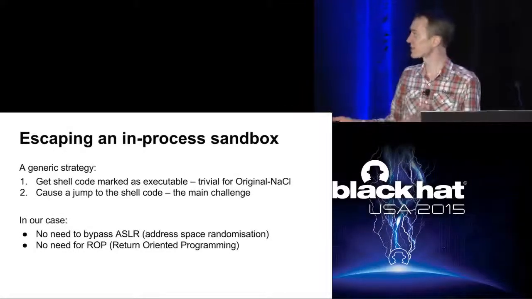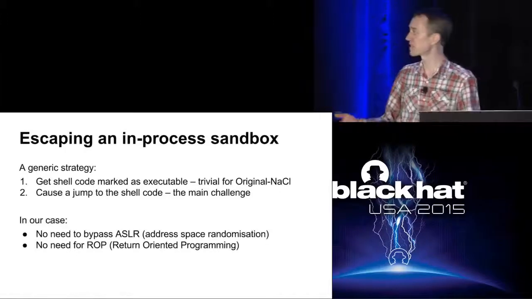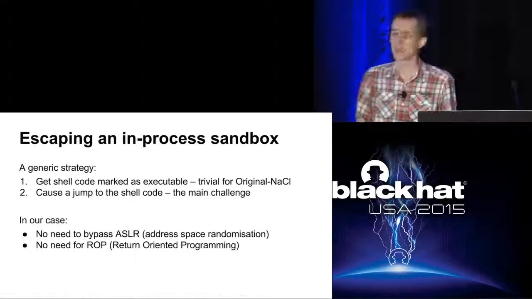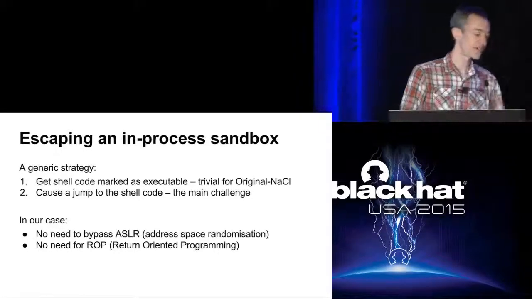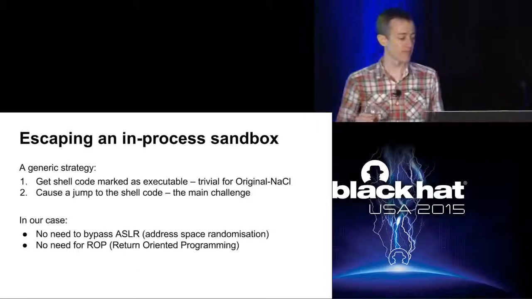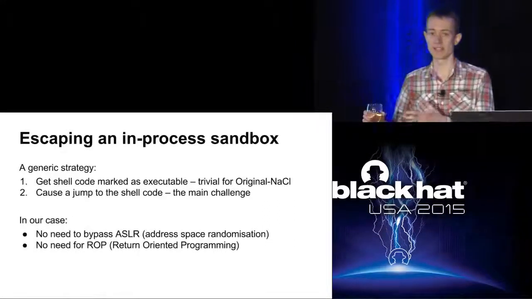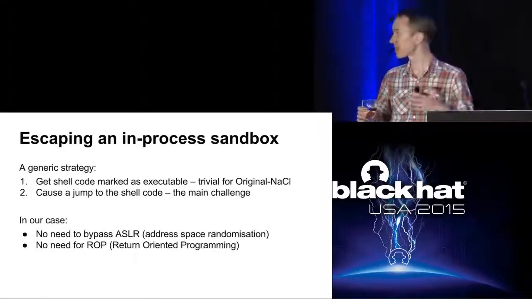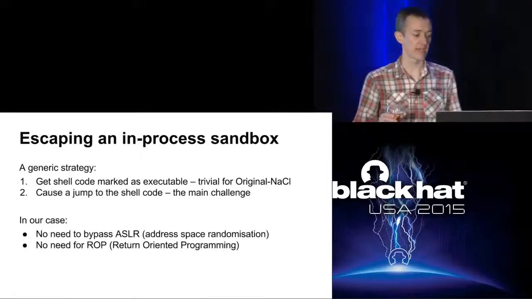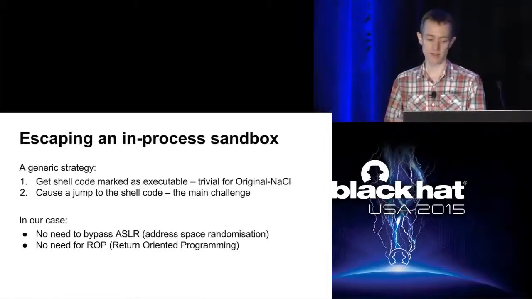So if you have a sandbox like that, there's a generic strategy that you can use for escaping an in-process sandbox. So firstly, you would try to get your shell code, your attack code, marked as executable. And for NACL, that's actually fairly easy. And the second step would be to try and cause a jump to that shell code. And that's the main challenge in this case for NACL.